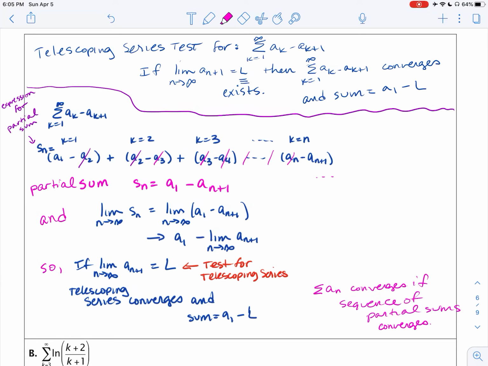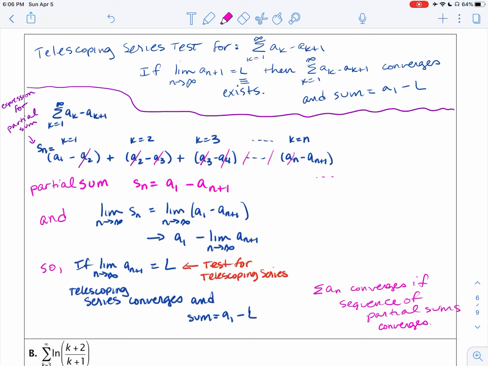So if I take the limit of S_n, that's going to equal the limit as n goes to infinity of a_1 minus a_{n+1}. And a_1 in this expression is a constant, and the limit of a constant is that constant. We also know from limit laws that the limit of a difference is the difference of the limits. So we just have to calculate the limit as n goes to infinity of a_{n+1}.